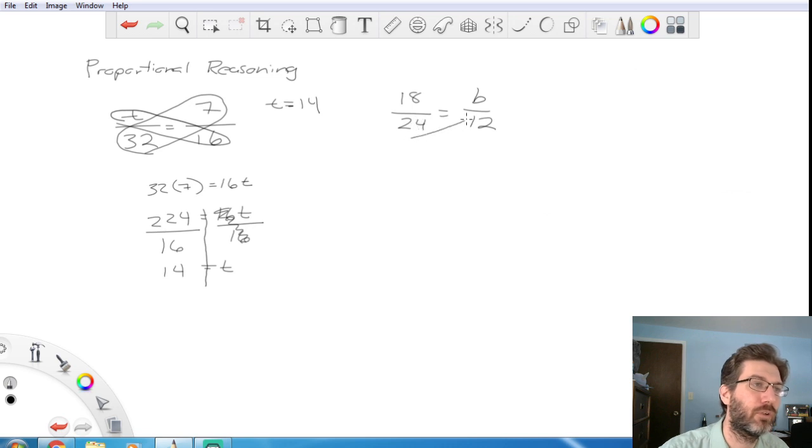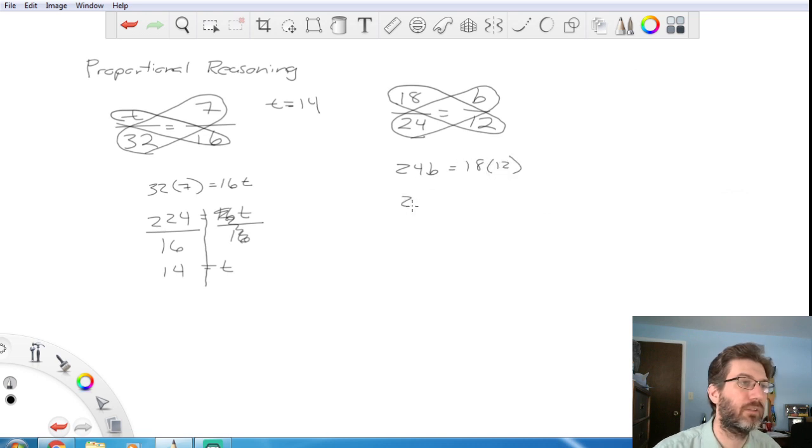So here you're going to do 24 times b, which is 24b, and 18 times 12, and again that's going to be 24b, can't do anything with it. You can actually solve 18 times 12, which is giving me 216.